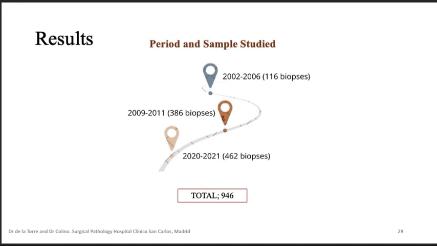The number of biopsies with HPV-related lesions in the different periods of time studied were 116 biopsies for the first period, 386 biopsies for the second one, and finally 462 biopsies for the most recent period, 2020 to 2021. Consequently, we have analyzed a total of 946 women affected with HPV lesions.